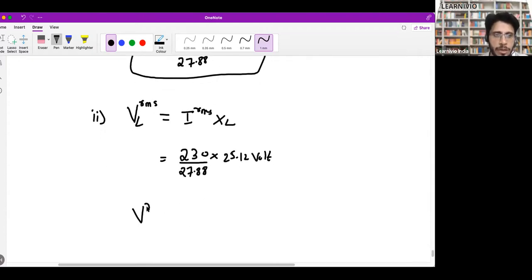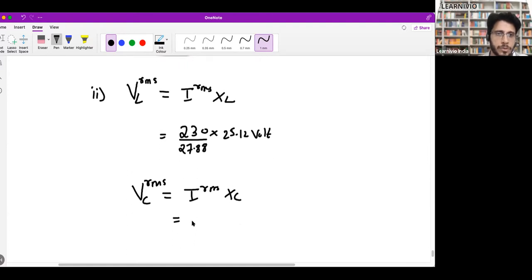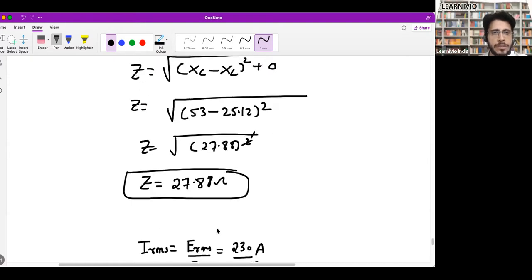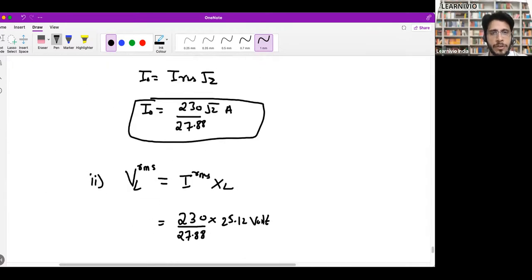Similarly, you can calculate RMS voltage drop across capacitor. So that is IRMS into XC. So it's 230 by 27.88 into XC. XC is 53.